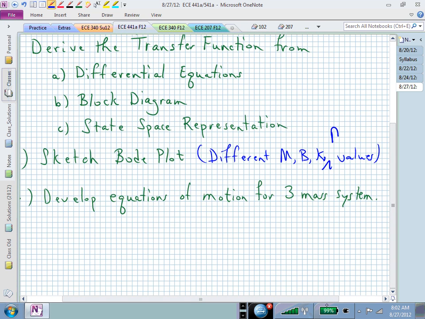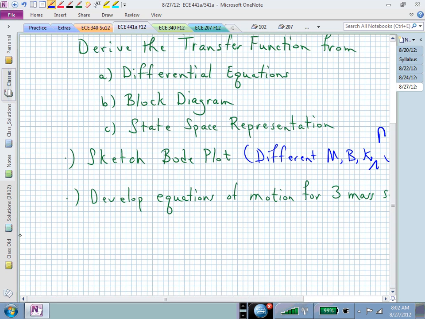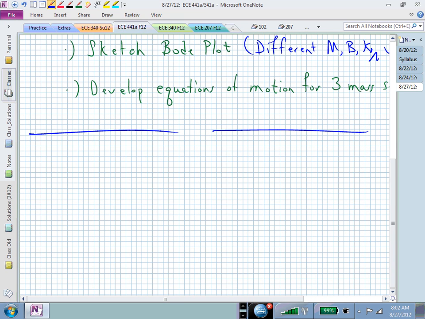Let's then get started with deriving this transfer function relationship for the different systems, or actually this one system.